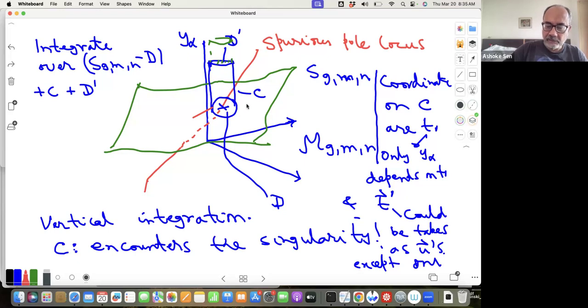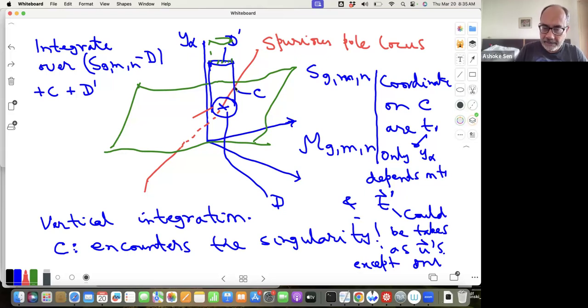Here, if there's a single PCO and a single locus of spurious singularities, then it's enough to just divide it into 2 chambers, right? And just make sure that the first chamber doesn't have a spurious singularity, the second chamber doesn't have one, and then the vertical segment is what intersects the spurious singularity. But in general, you can divide it into many chambers, right?